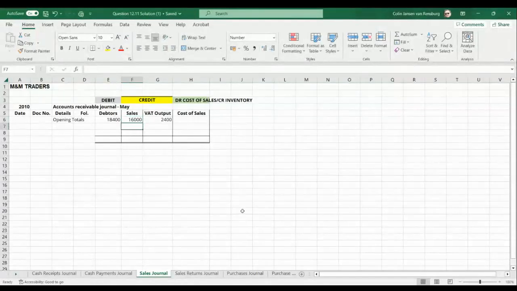Because we are using the periodic inventory system and not the perpetual inventory system, we are not going to be using this column. This column we will only add to our sales journal if we are using the perpetual inventory system. So this one will remain blank in this particular example.